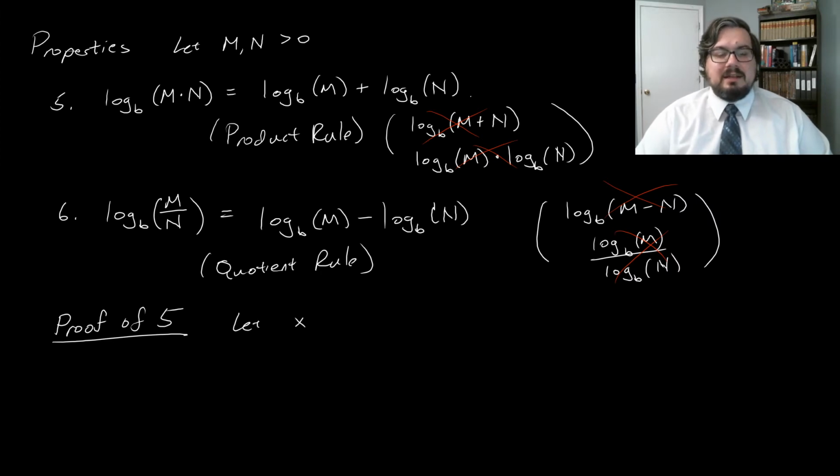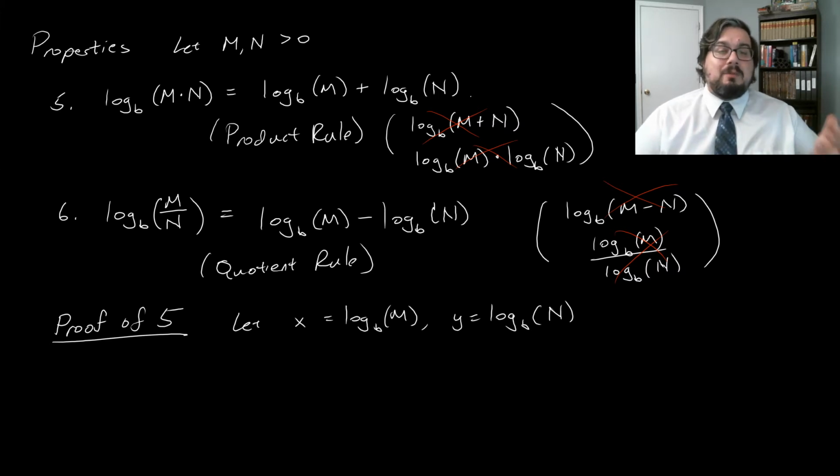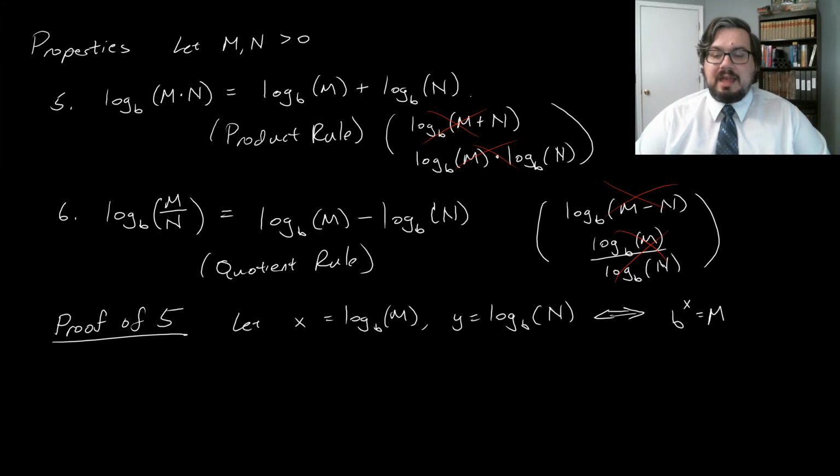Let's let x equal log base b of m and y be log base b of n. b, m, and n are all positive numbers, and so these expressions are all nicely defined. Now, if we convert these into their exponential forms, we get that b to the x is equal to m, and b to the y is equal to n.